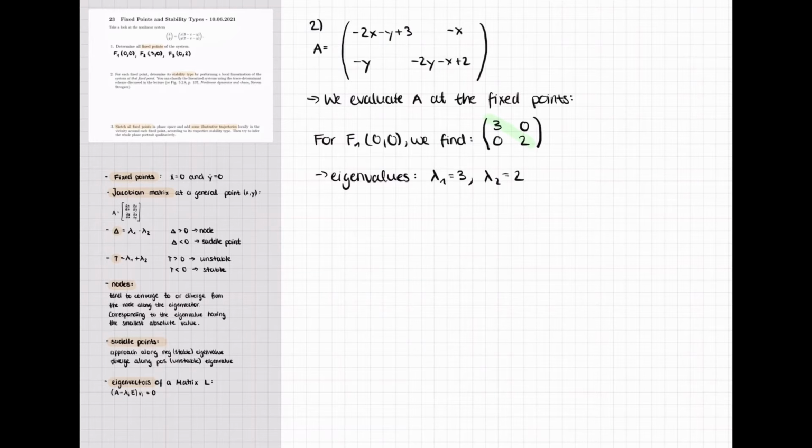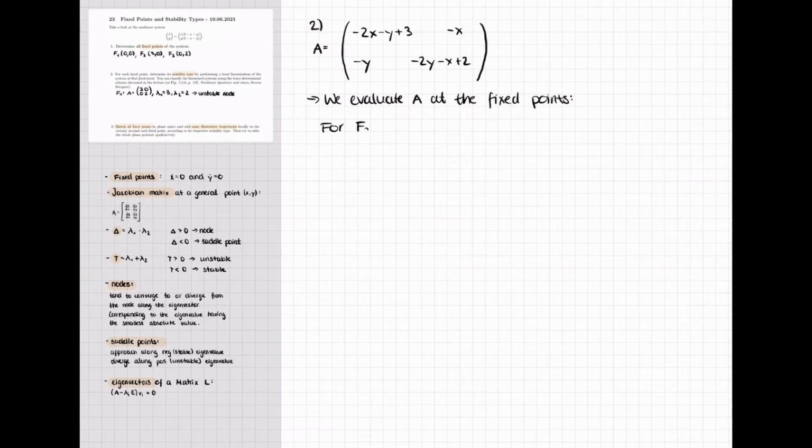If we have a look at the gray box, we remember that we can use them to determine if a fixed point is a node or a saddle point and if a node is stable or unstable. And in our case, the determinant is positive, so we have a node. And the trace is also positive, which means that F1 is an unstable node.